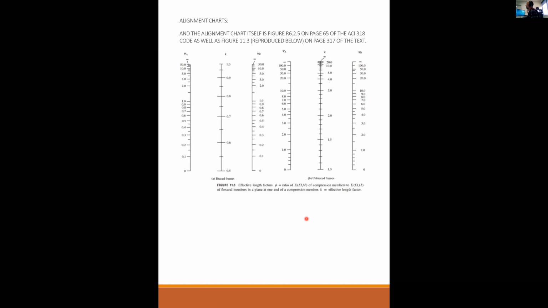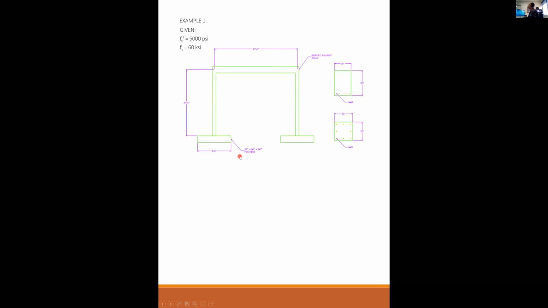Okay, let's see. Let's do the example and then we'll take a break. So for example 1, given f'c is 5,000 psi, fy is 60 ksi, we have this given frame. The columns are 20 by 20 with 8 number 7s, and the beams are 20 by 36 with 4 number 8s at the bottom.